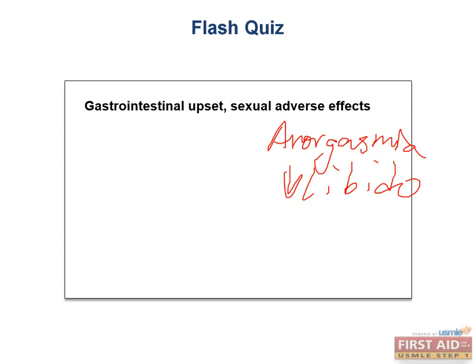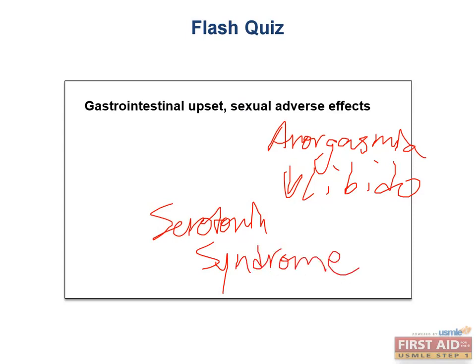Remember that these sexual side effects are one of the common reasons that patients want to stop taking the medication. And also remember that SSRIs can cause serotonin syndrome, which is much more serious, but not as common.